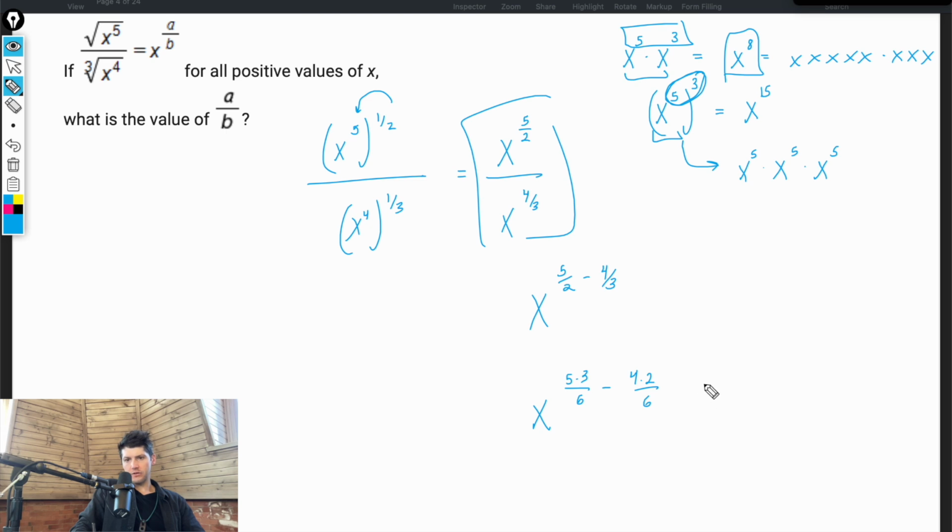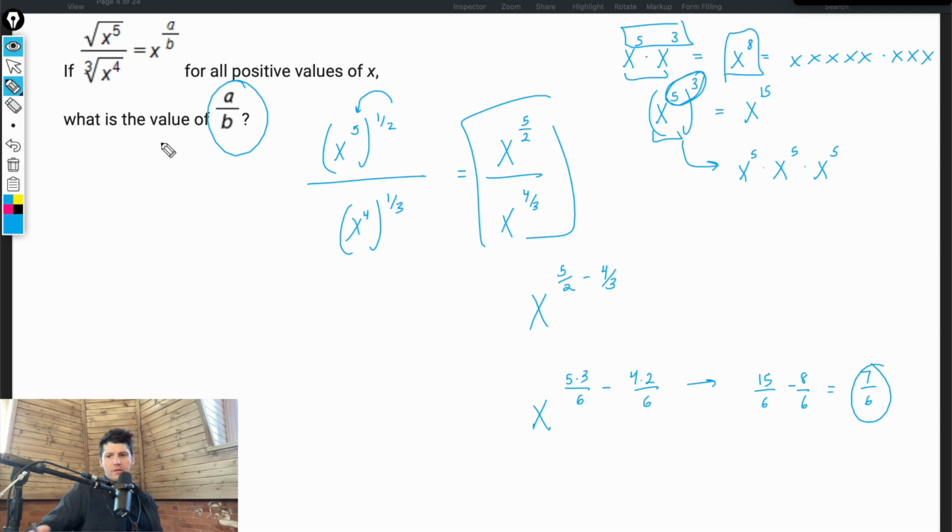And this exponential subtraction would now be 15/6 minus 8/6, for a final answer of 7/6. That's a over b, right? So there we have it. Notice once again, I didn't solve for a and b separately. Ultimately, I know them separately now, but I didn't need to solve for them separately. Great. I hope those exponential problems seem a little clearer now.